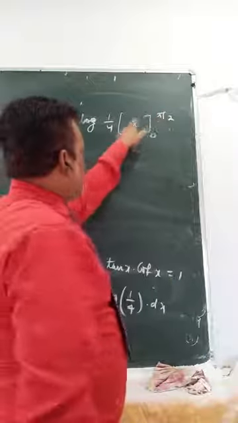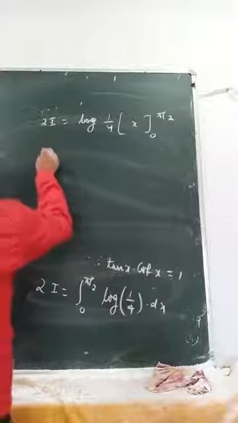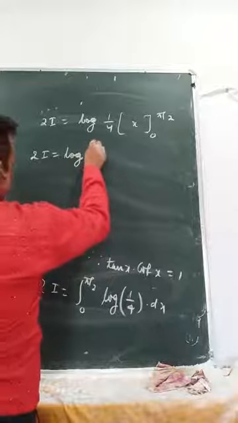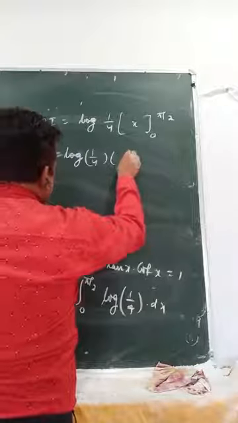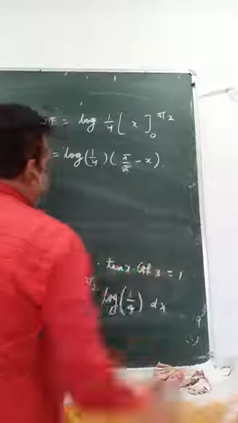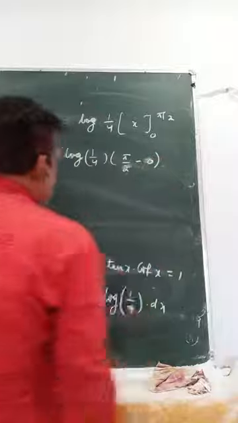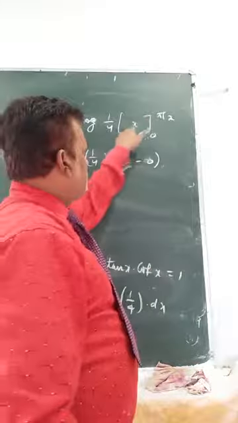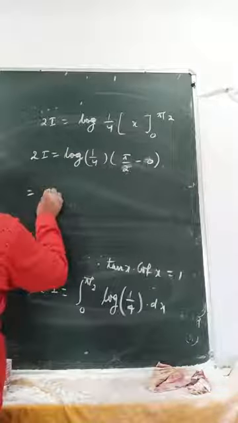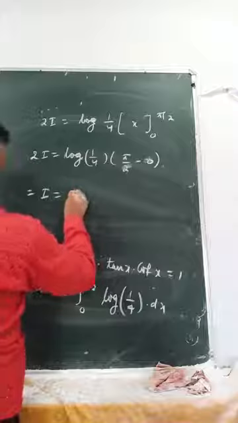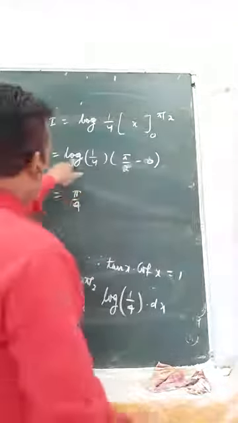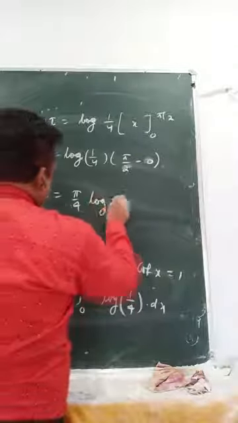So pi by 2 minus 0, upper limit minus lower limit. So this 2 will come here, that will be I equals pi by 4, 2 will go down, pi by 4 log 1 by 4.